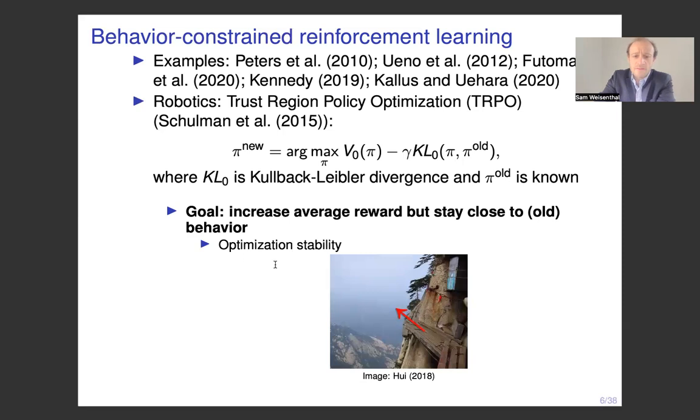So why might one do this? Why might one constrain to behavior in general? One reason is that it stabilizes optimization, which can become very complex in the robotic setting.